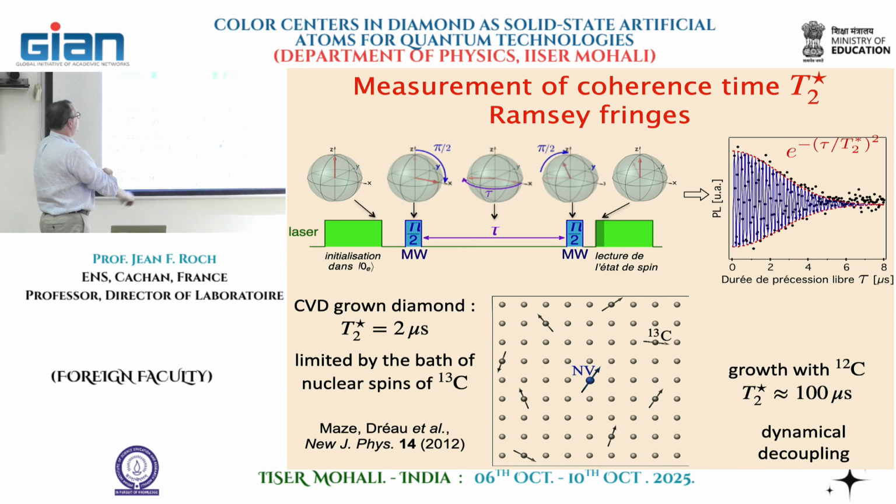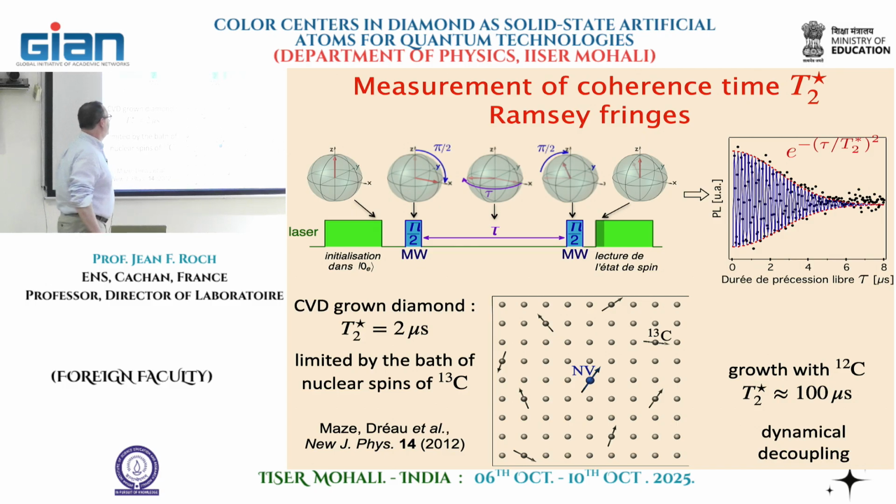And then we wait after this pi/2 pulse. This pi/2 pulse has put the Bloch vector, for instance, on the x-axis of the two-level system corresponding to this transition. And then this system will precess around the magnetic field that is used to specify the quantization axis and to remove the degeneracy between MS plus and minus 1.